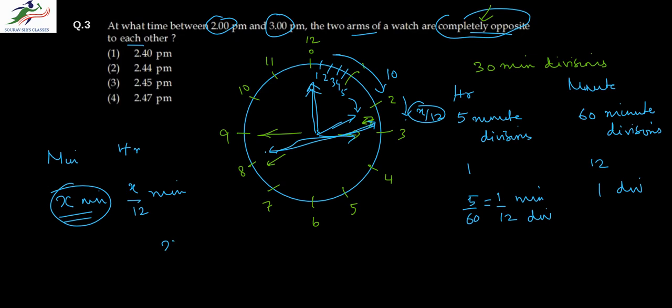That means the minute hand is at x minutes and the hour hand is at 10 plus x by 12 minutes, and the difference between these two is 30 minute divisions.